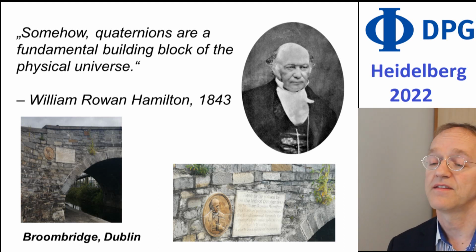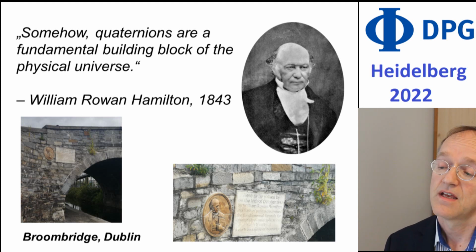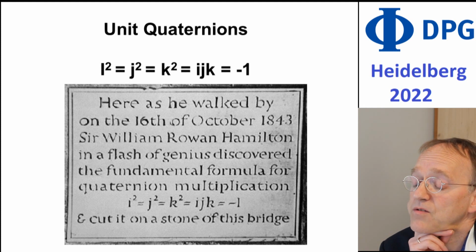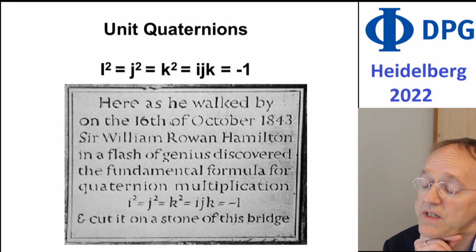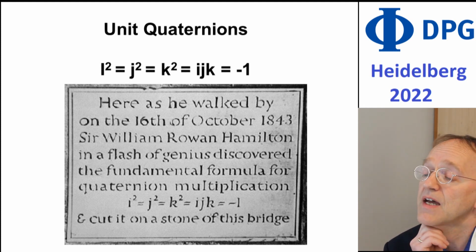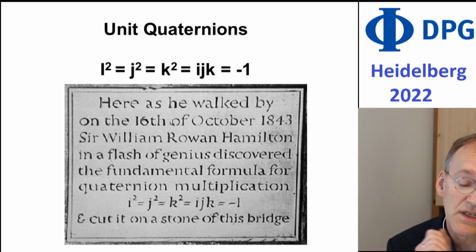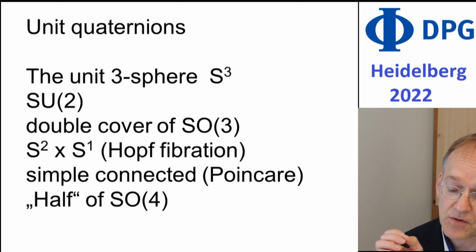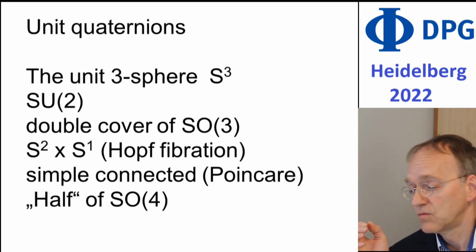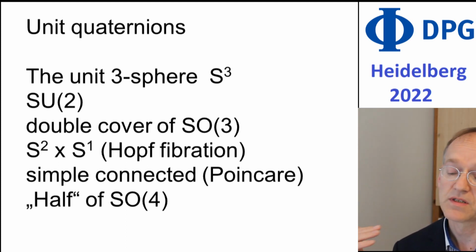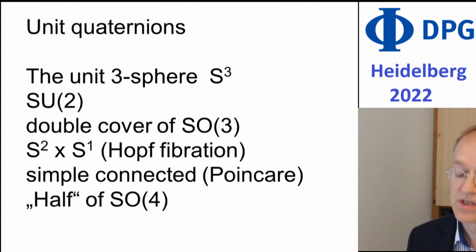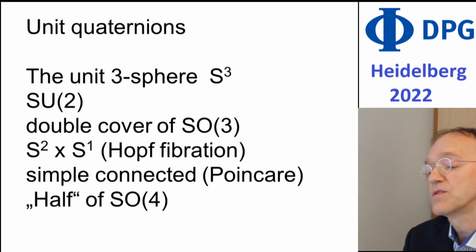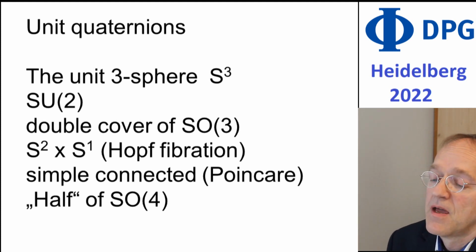And he had this beautiful insight in 1843 in which he invented these quaternions, and I'm considering today the unit quaternions. That means a 3-dimensional manifold that would be the equivalent to unit complex numbers, which are 1-dimensional, while complex numbers as such are 2-dimensional. So we are considering a 3-dimensional manifold.